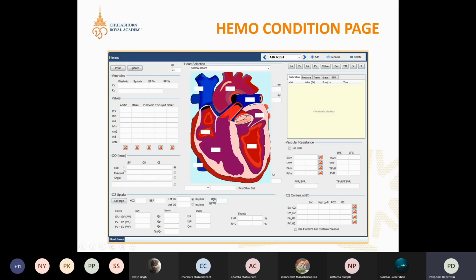If you fill in the oxygen saturation from each chamber or each site, and then the hemoglobin, of course, finally the system will calculate the cardiac output for you.